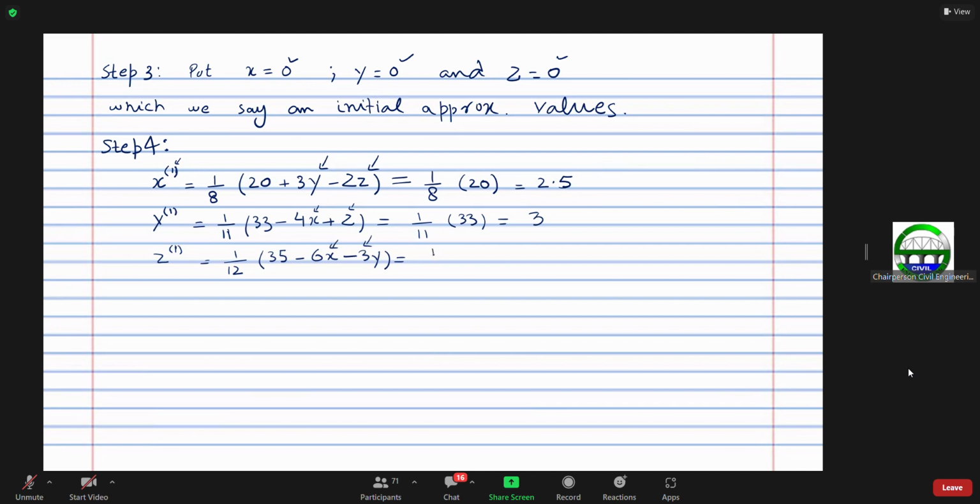And then it will be 1 over 12 into 35. Okay, so the answer will be 2.12. So can anyone tell me the answer? Like the decimal? Can anyone tell me the answer?